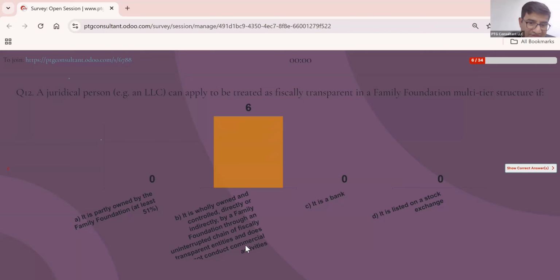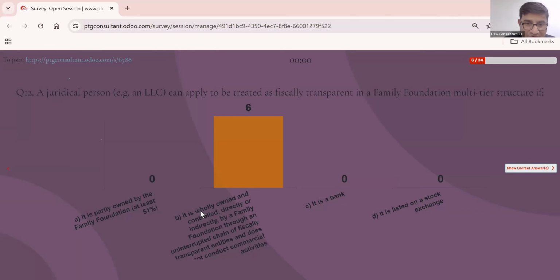This is one of the very key aspects. Here 6 people opted, but I would like to emphasize the words wholly owned and controlled, directly or indirectly. The word wholly is important.